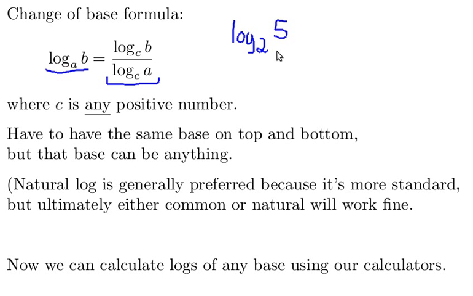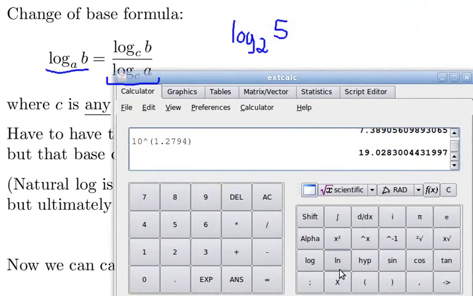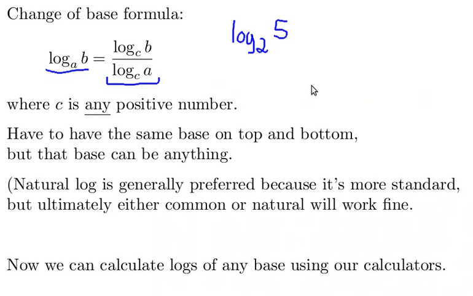Well, whatever it is, our calculator doesn't have a log base 2 anywhere, so we can rewrite this as log of 5 over log of 2. And I'm using common log here. It doesn't really matter. I could make this log base 5 over log base 5, but what would be the point? Because we want this to be something that we can use in our calculator.